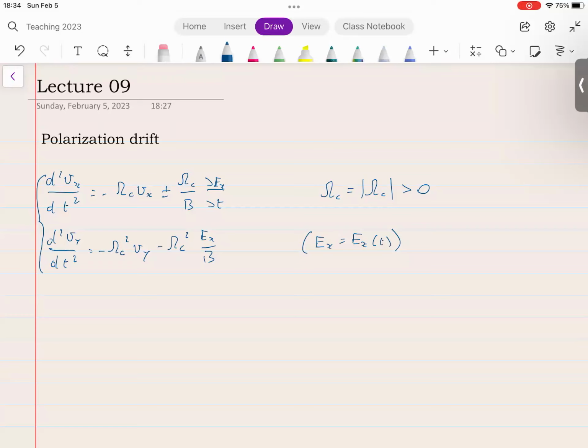But the way I'd like to think about this, and the way I encourage you to think about this, is that I'm really asking the question, if the time variation of the electric field is slow with respect to the period of gyration, the duration of a circle of my charged particle around the magnetic field, how much can I say about the system?